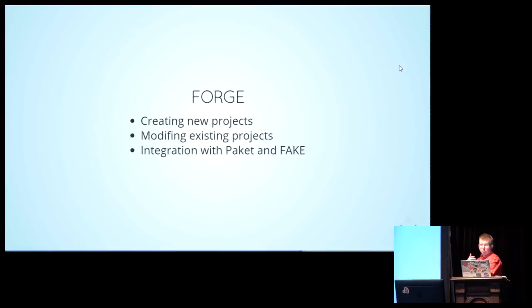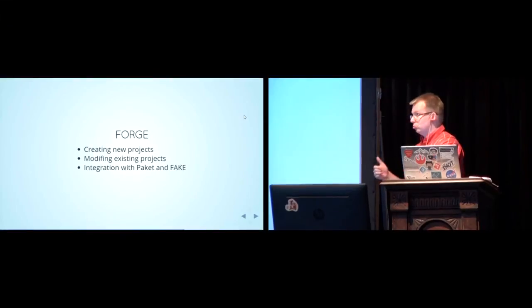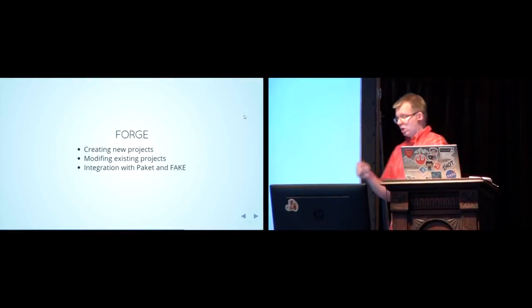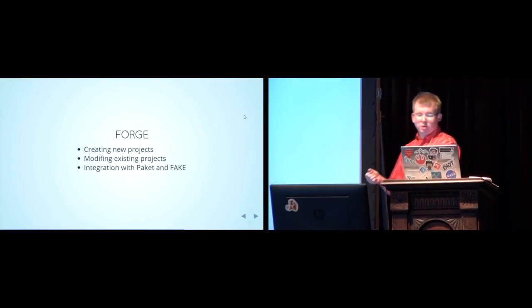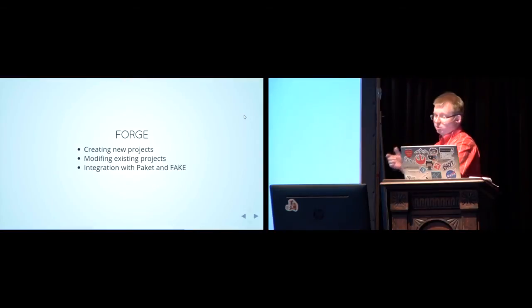It also allows modifying existing projects: add project references, remove project references, add GAC assemblies, remove them, add files, order files, which is really important from the F# compiler's point of view. And also, that's mainly it. It also provides integration with Paket and FAKE.